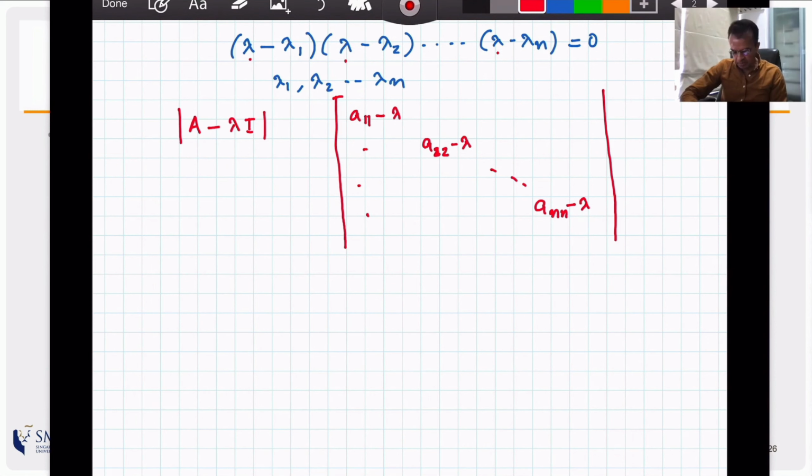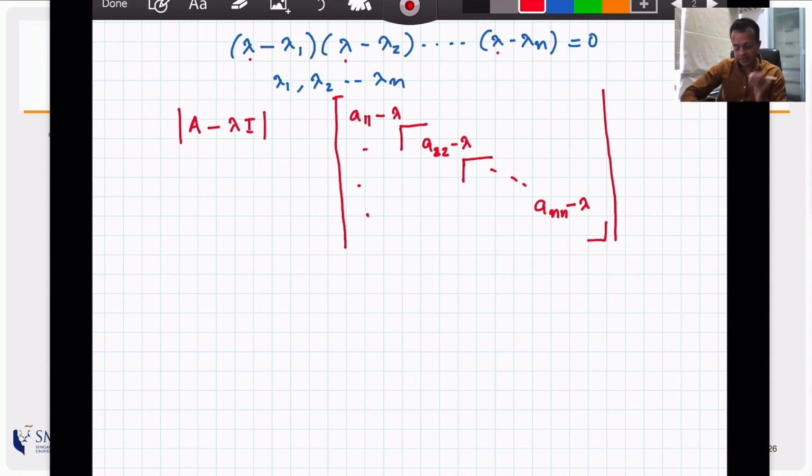If I expand it, the lambdas will come only from the diagonal, so that's the only place where you have lambdas. If I am expanding along the first row, the minor is the determinant of this part here, and that determinant will have another minor that is here. So all the minors will have the leading element, which is a_ii minus lambda.